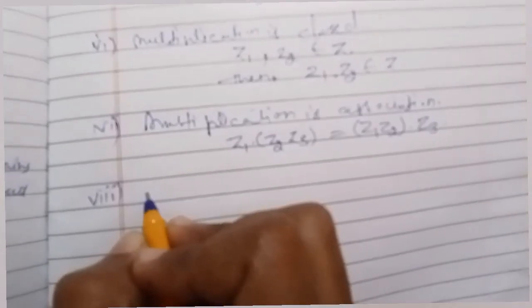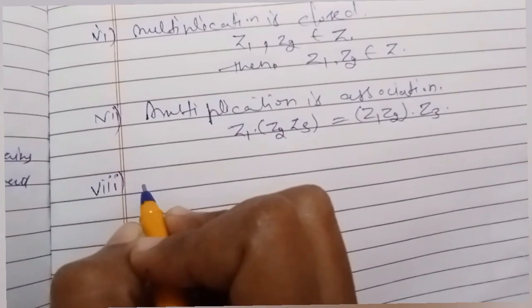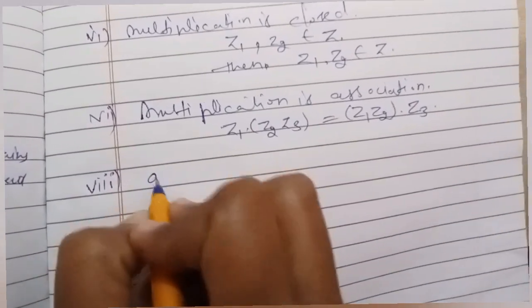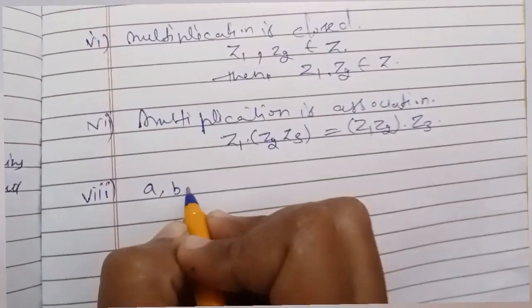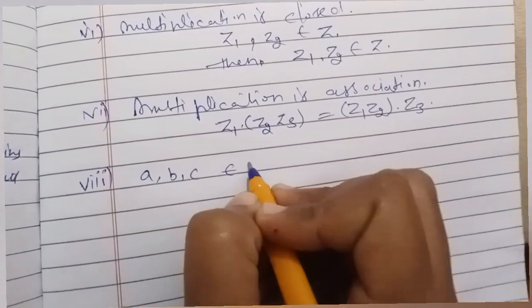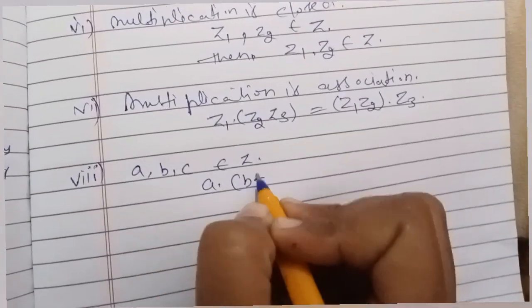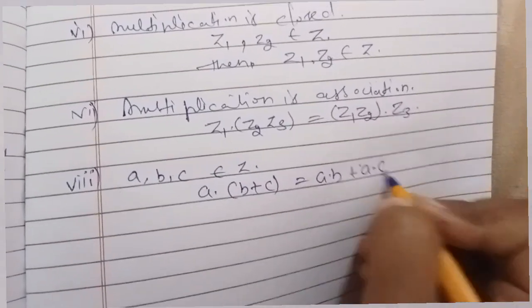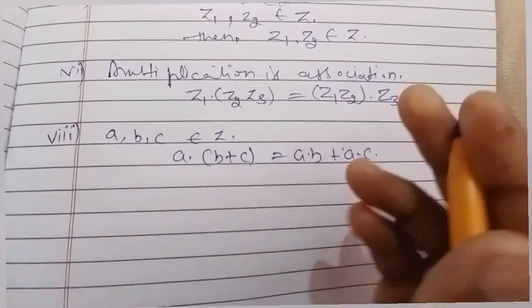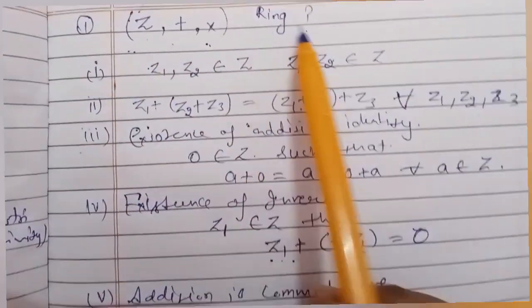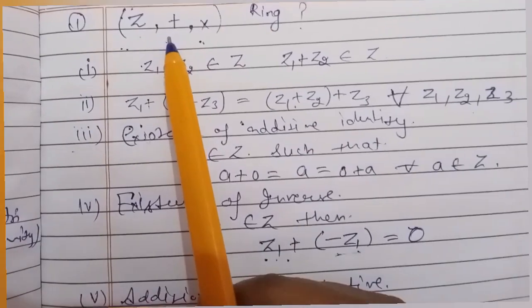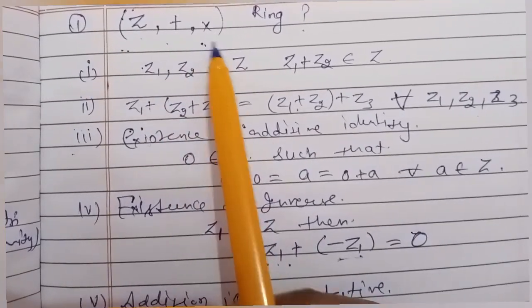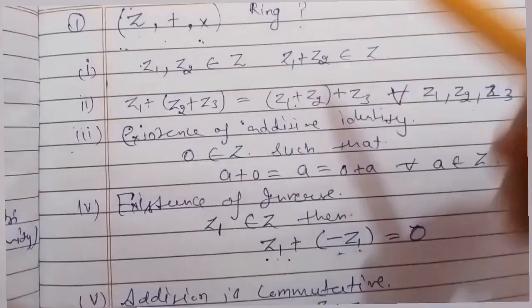The eighth property is distributivity over addition: for a, b and c belonging to Z, a dot (b plus c) is equal to a dot b plus a dot c. From this we can see that this structure, on which the two operations addition and multiplication are defined, is a ring.